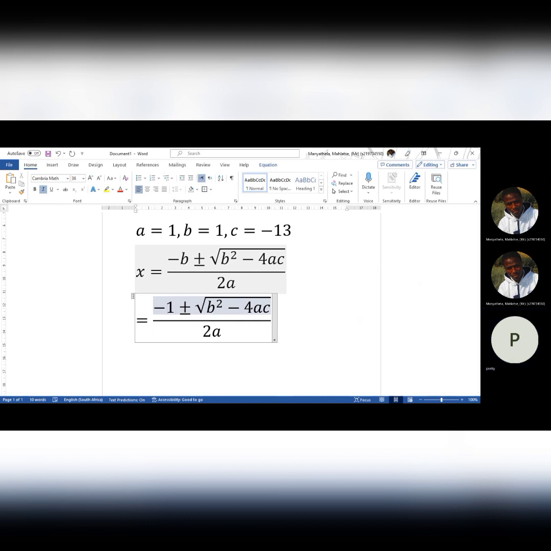Okay, or I'll replace a bigger one. And then in Laganamo you do the same. Our A's. A is 1. This one. Okay. C ke bokae? C is negative 13. Okay, so negative 13, all over 2A, which is 2 times 1.